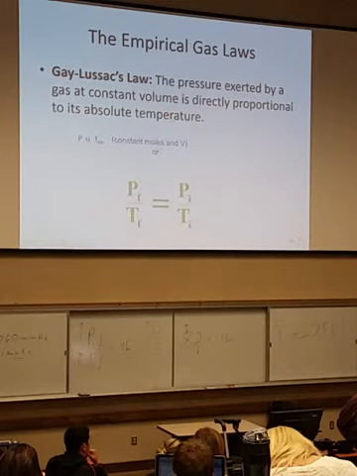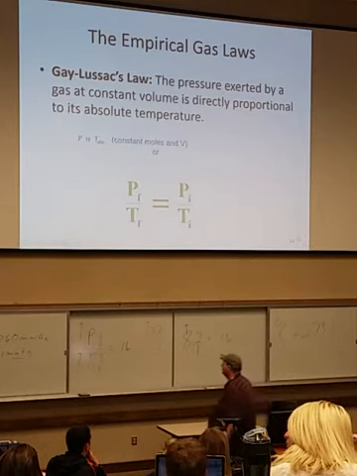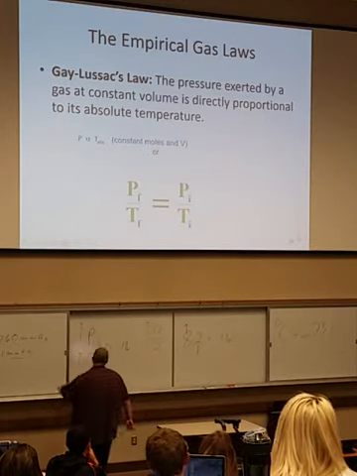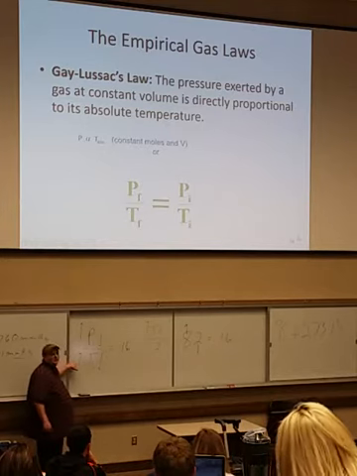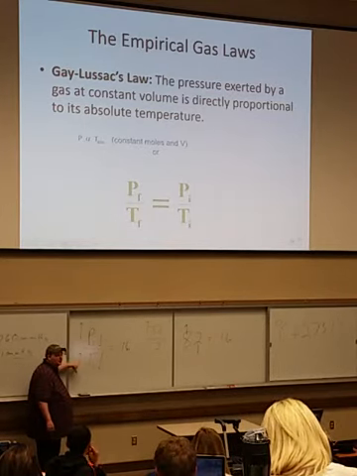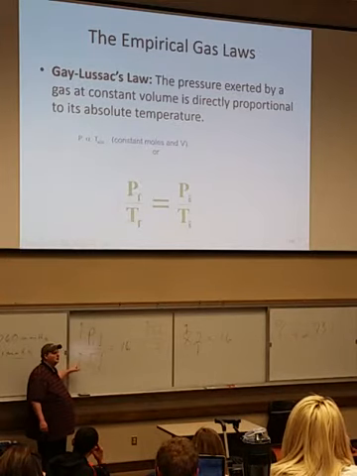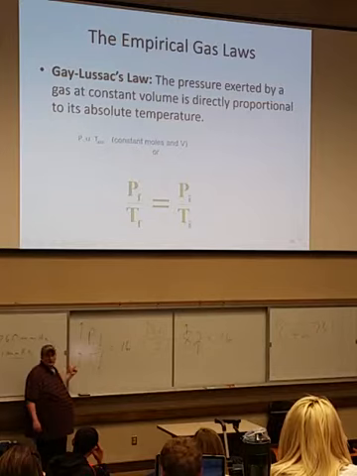Does the amount of substance inside change once we seal it? No. As I increase the temperature, what happens to the pressure? It goes up. If the pressure goes up, what happens to the temperature? It goes up. So in a pressure cooker, what's happening? You're cooking with higher temperatures.